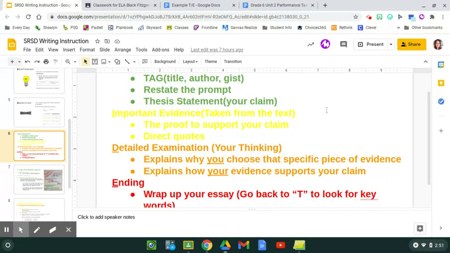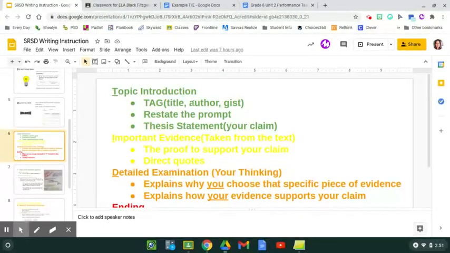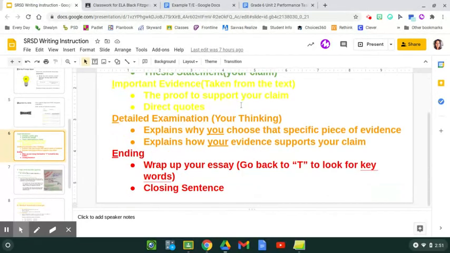The ending is where we wrap up our essay. This is red. This is the E in TIDE. This is where we wrap up our essay and we go back to the T. We can go back to the T and use some of these phrases, some of these words that we use in our topic introduction to kind of tell our reader, you know, this is what I wrote about.